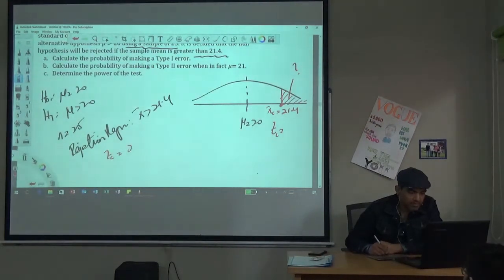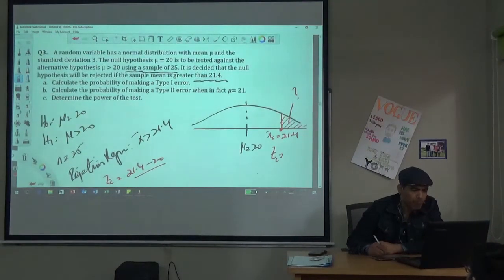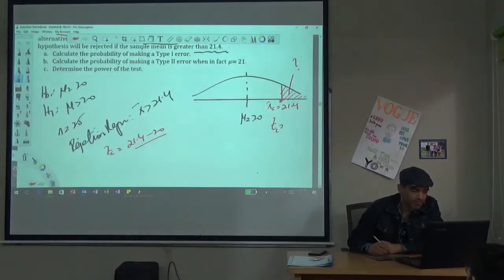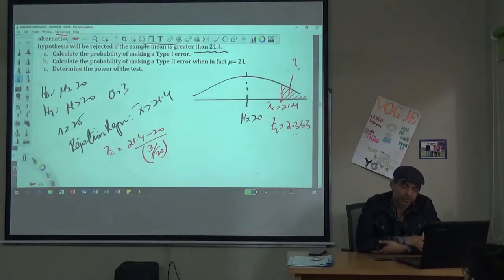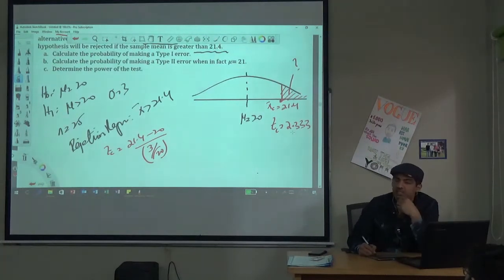So Z critical is 21.4 minus 20 over, what's the standard deviation? Oh, standard deviation is 3. 2.33. So what is it? 2.33. Okay. So now can we check the table to get the probability for 2.33?